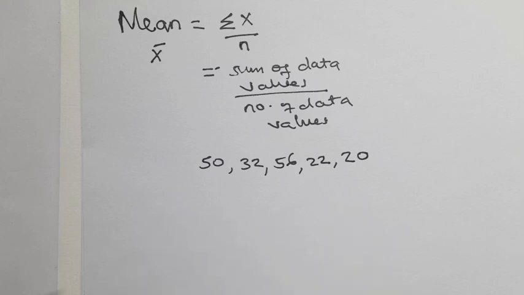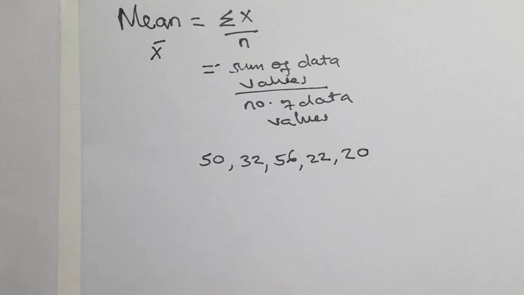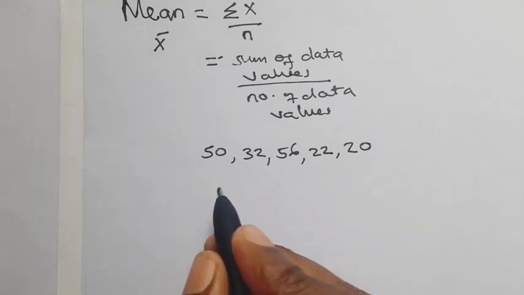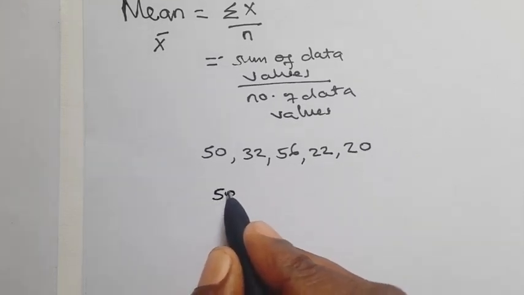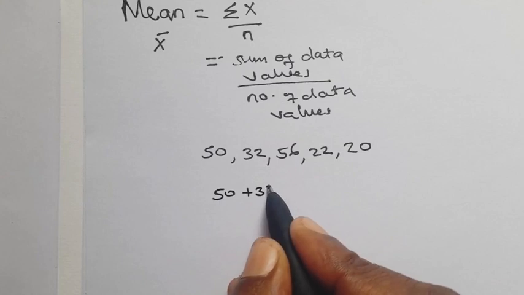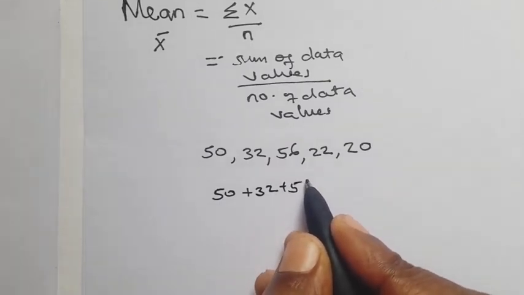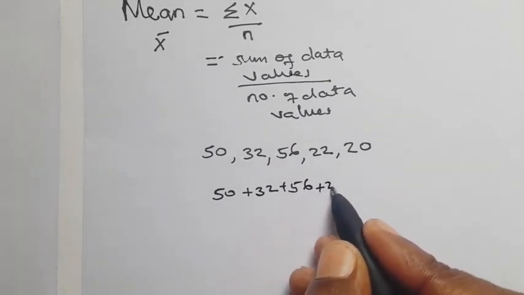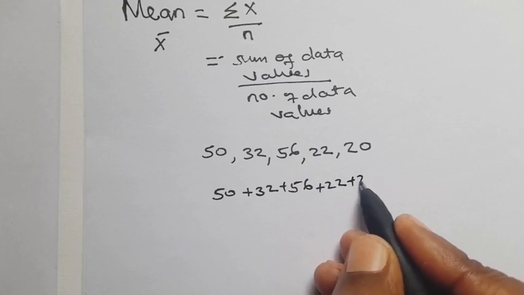This set of numbers are 1, 2, 3, 4, 5. There are 5. So the sum of the data is gotten by just adding the values that we have. That means 50 plus 32 plus 56 plus 22 plus 20.